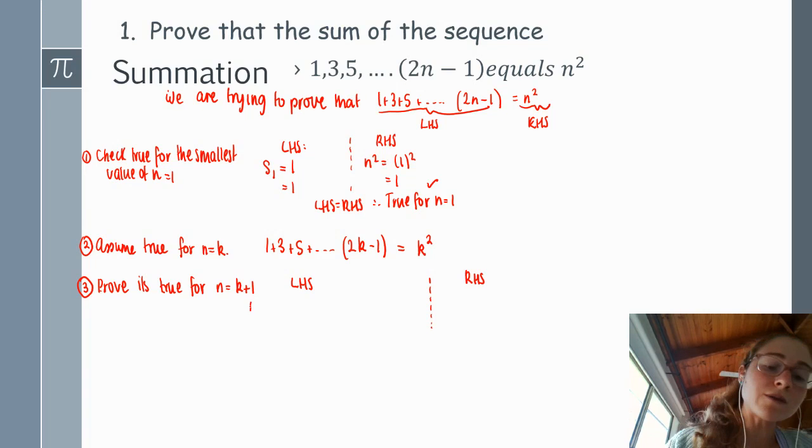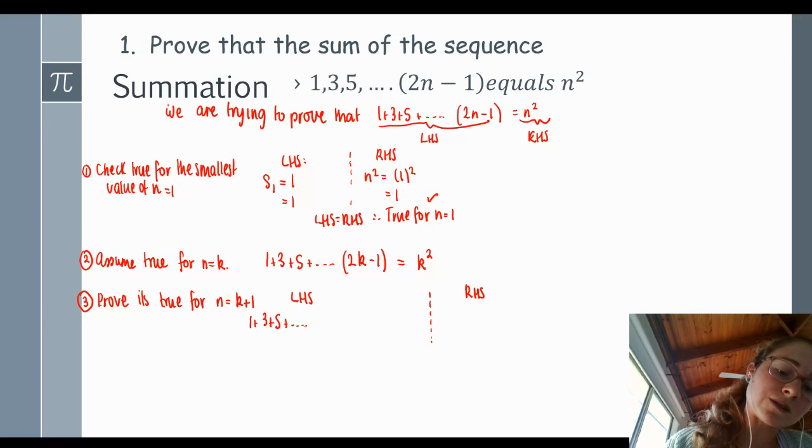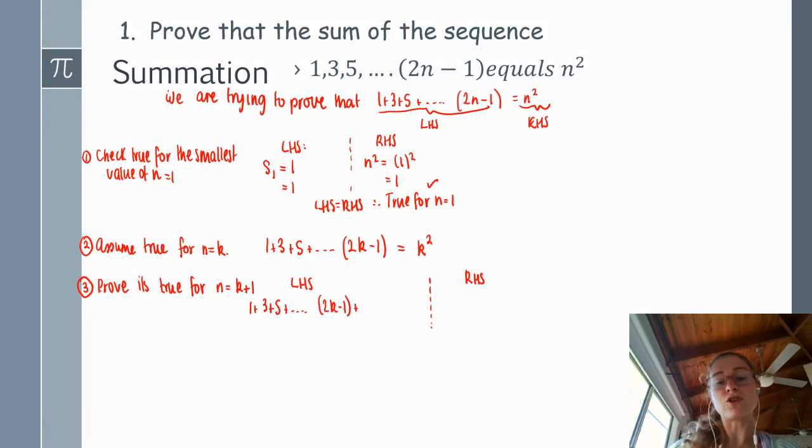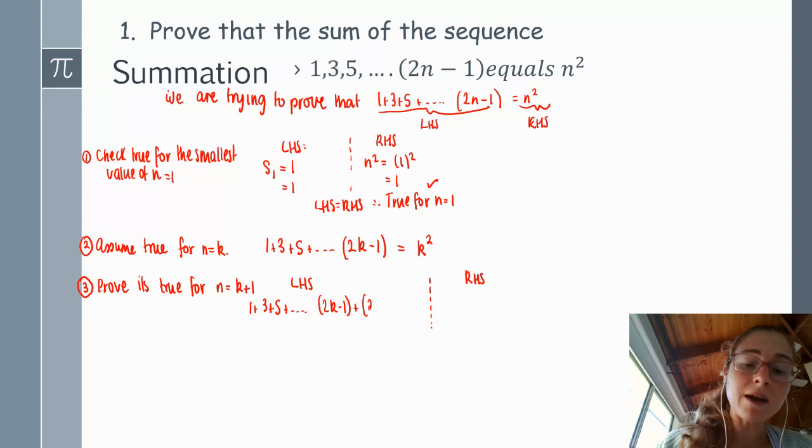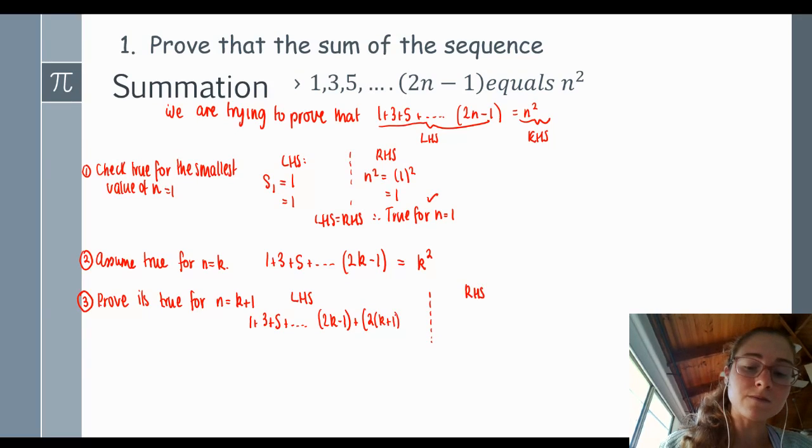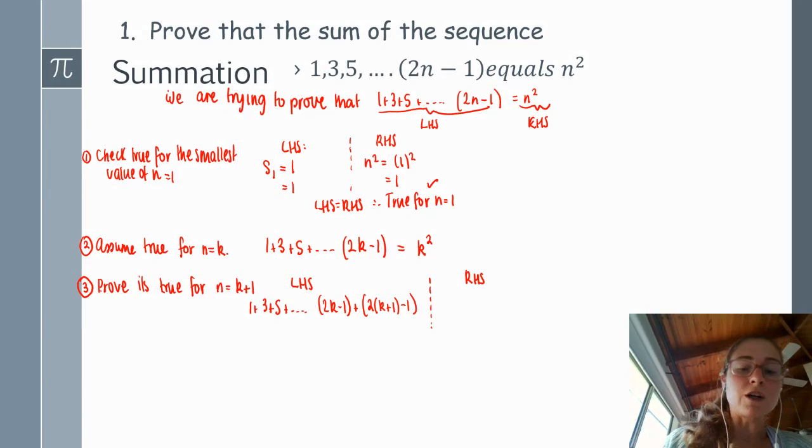I would still have 1 plus 3 plus 5 plus all the way to 2k minus 1. But I'd have an extra term, right? The k plus 1 term. So this time, everywhere I see a k, I'm going to put k plus 1. But make sure you put the brackets around. So this is my series if I added an extra term.